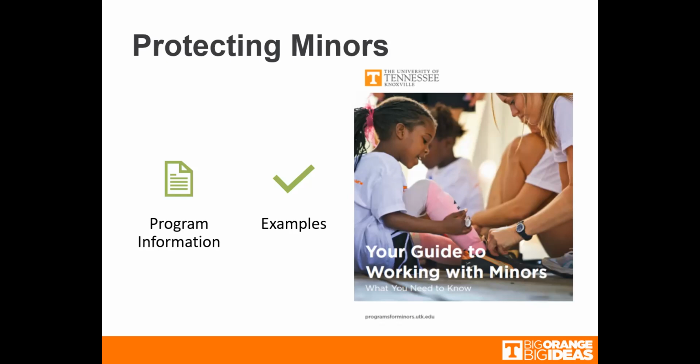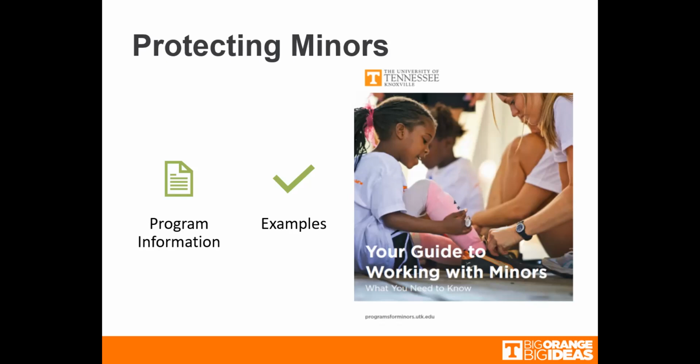And so in order to prevent that from happening again, most campuses and schools throughout the country have adopted these Protecting Minors programs. As part of this program, we have to jump through a lot of different hoops, but it's obviously warranted and necessary in order to protect the kids we're working with.